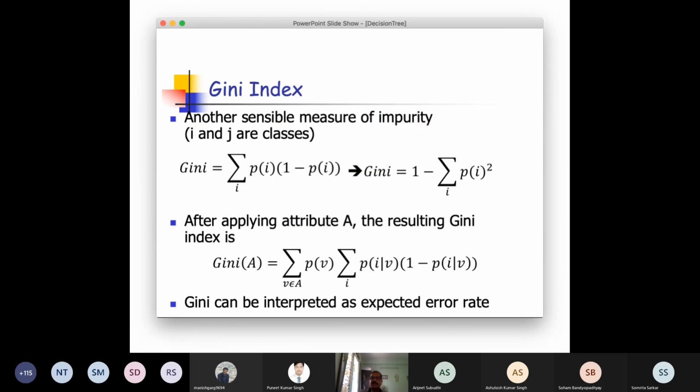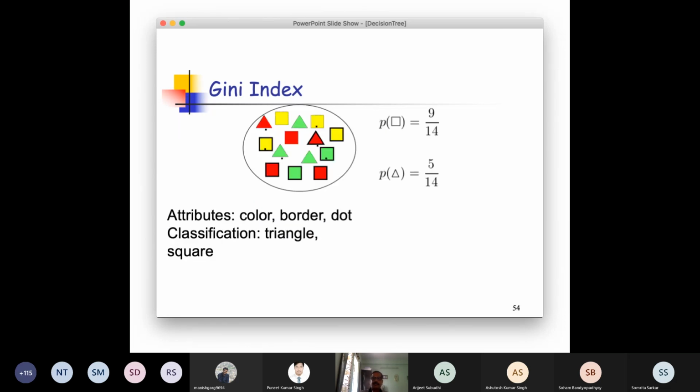Because I have only a few minutes left, I will give this example, then today I will stop here. If you compute the Gini index of the whole set, it should be over the class distribution. What is the probability of square? It is 9 by 14.